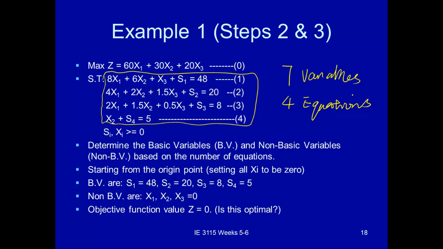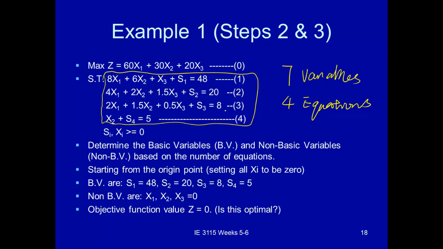Then let me ask you, how many basic variables should we have? Basic variables are the ones that we're going to solve. Non-basic variables are the zeros. So how many basic variables should we have? 4. Why? Because there are 4 equations, right? Because there are 4 equations, so we're going to solve for 4 basic variables.